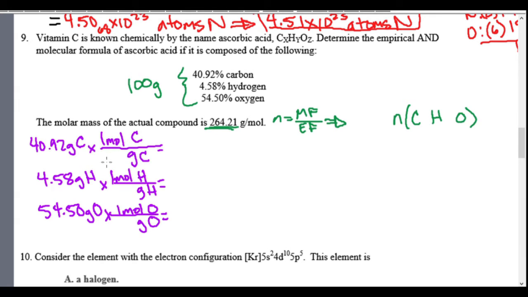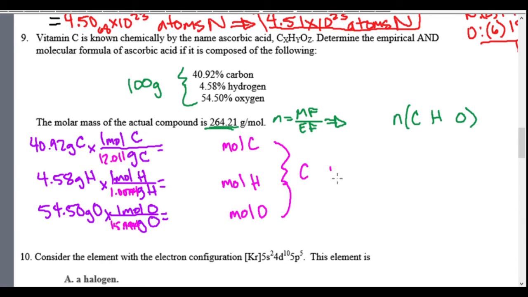So, the molar mass of carbon is 12.011, of hydrogen is 1.00794, and oxygen is 15.9994. When you do this math, moles of C, moles of H, moles of O, that will give us C whatever, H whatever, O whatever.